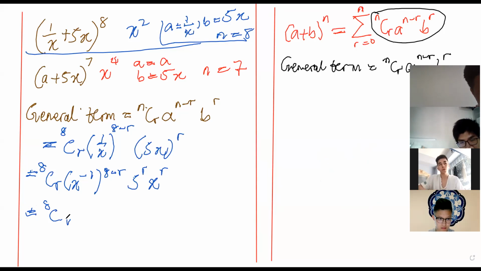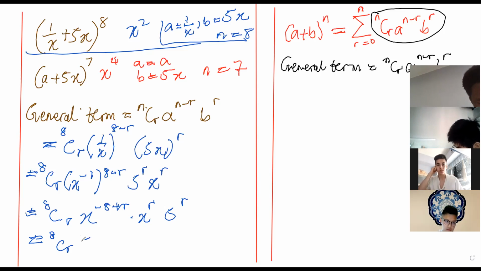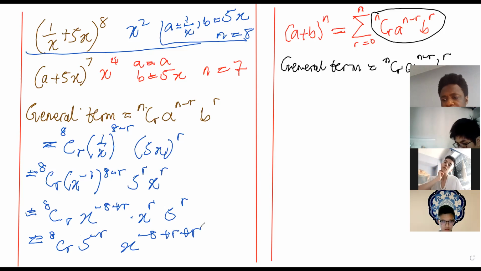All right, 8 combination r, then x to power minus 8 plus r, then we have another x to power r, then we have 5 raised to power r. So I brought all the numbers together. Definitely 8 combination r is going to be a number. 5 raised to power r will be a number. Then x raised to power minus 8 plus r will be separate. Are you with me?